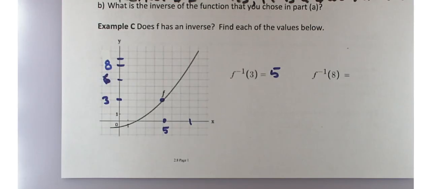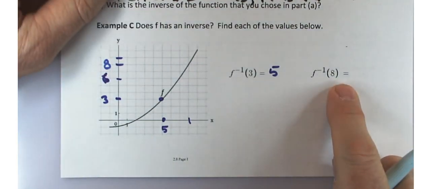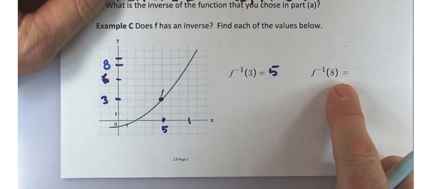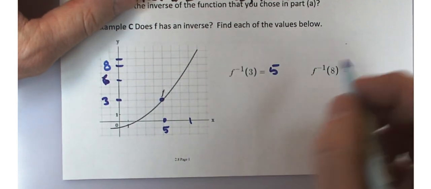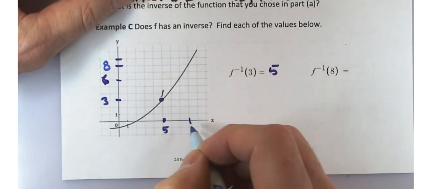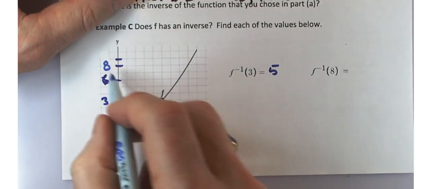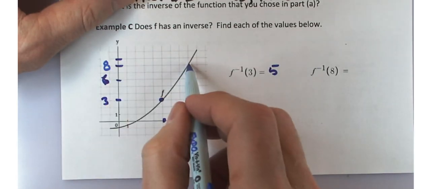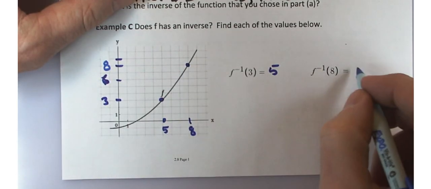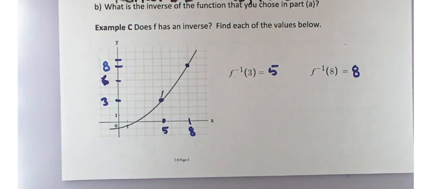What value should I output from this? 8. So it just happens to be a nice little coincidence here that if you input a y value of 8, then your output is going to be an x value of 8. There is another way you can do that.